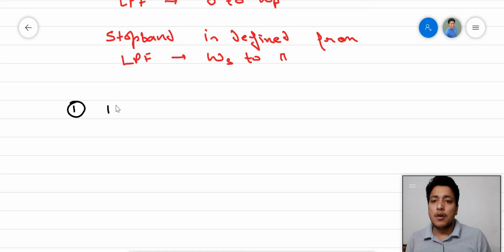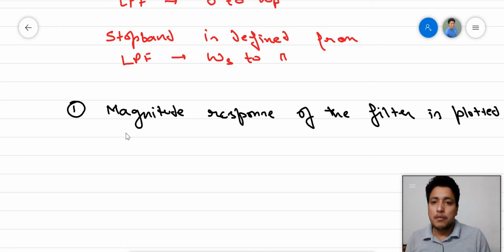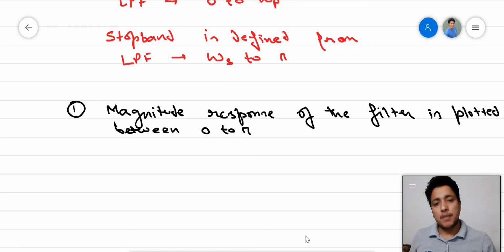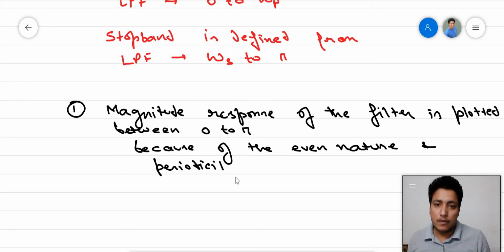First, magnitude response of the filter is plotted between 0 to pi, as it exists from minus pi to pi, but in case of magnitude response we generally plot it from 0 to pi because of the even nature and periodicity of the magnitude response.